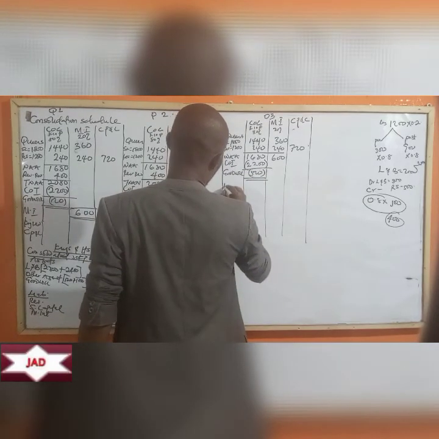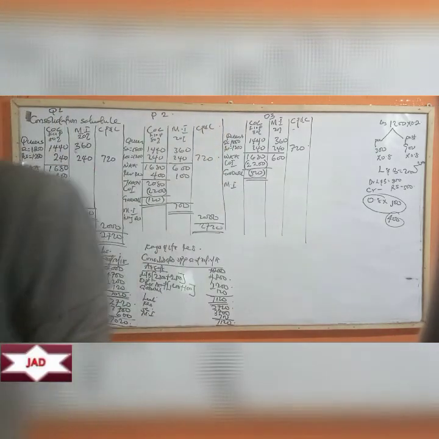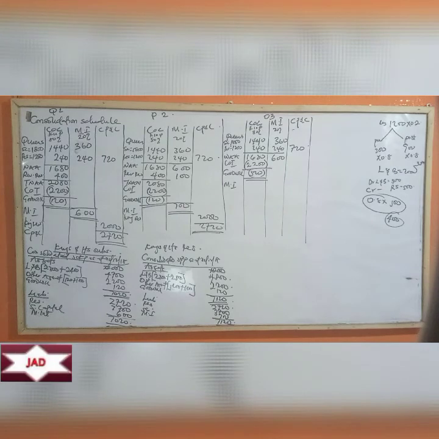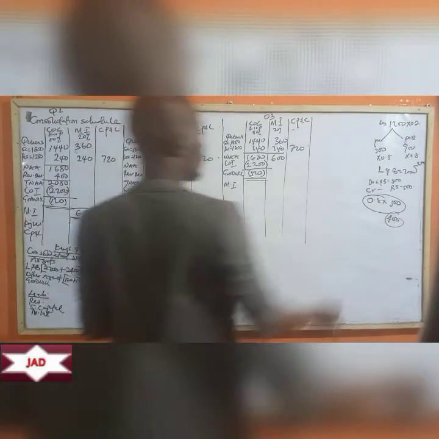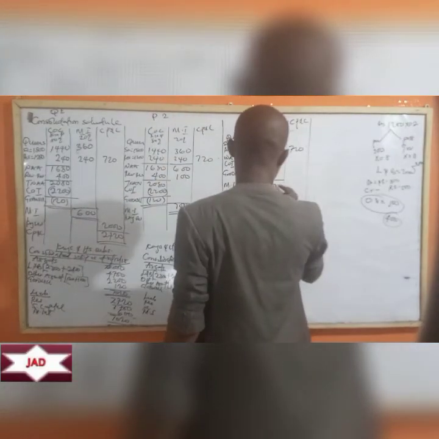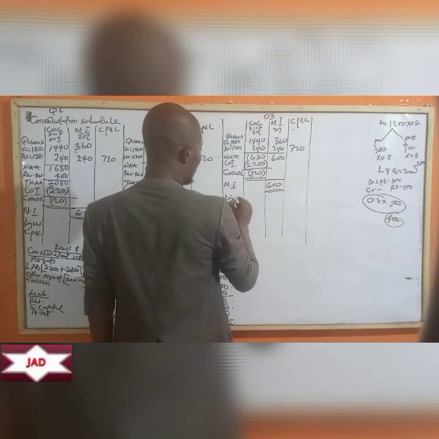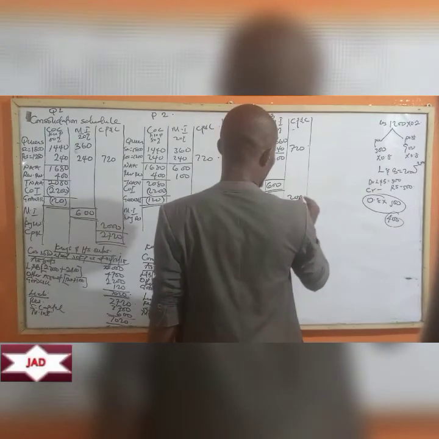Okay, so we have minority interest. Remember, the revaluation reserve, of course, is 500, and then they say we should take to the extent of the holding company share. So that means it's just 400. So minority interest will remain 600. Then we have King's reserve, which is 2,000.